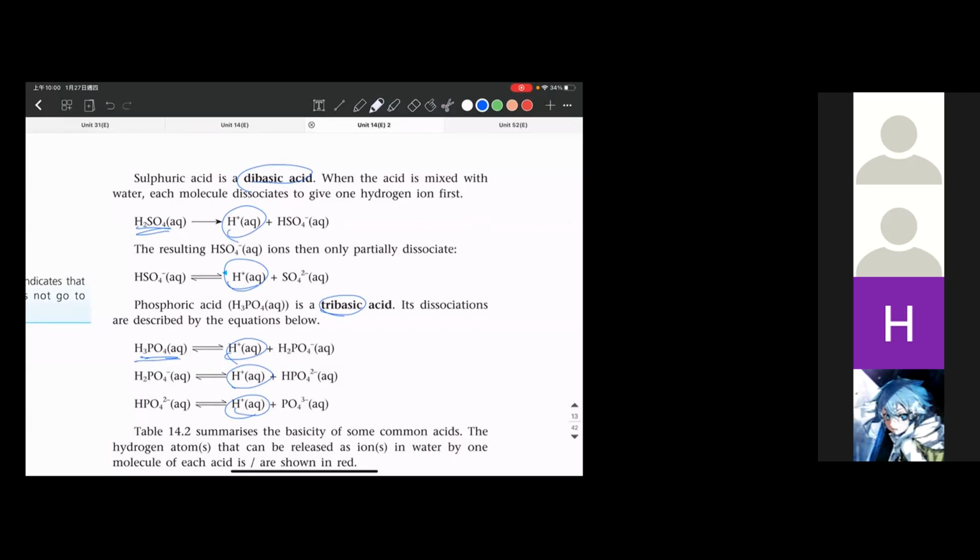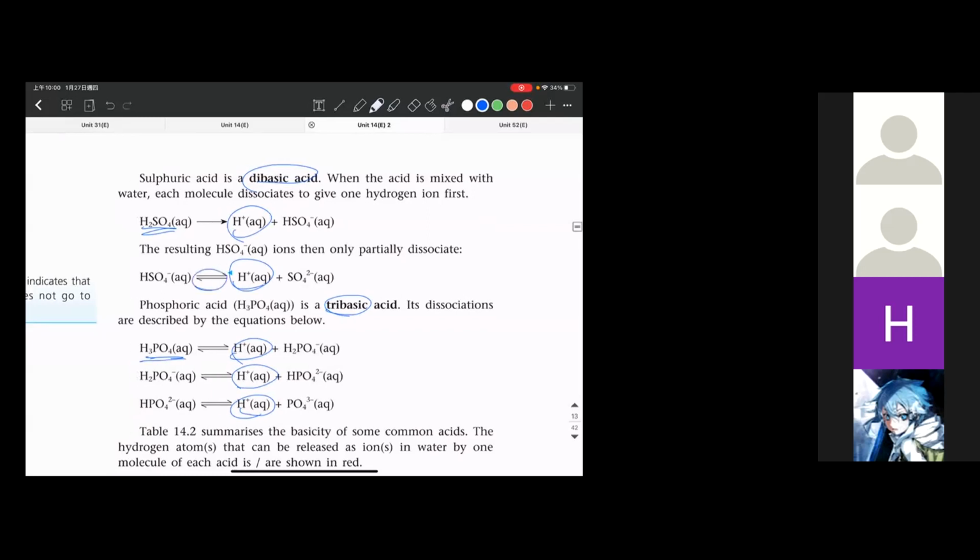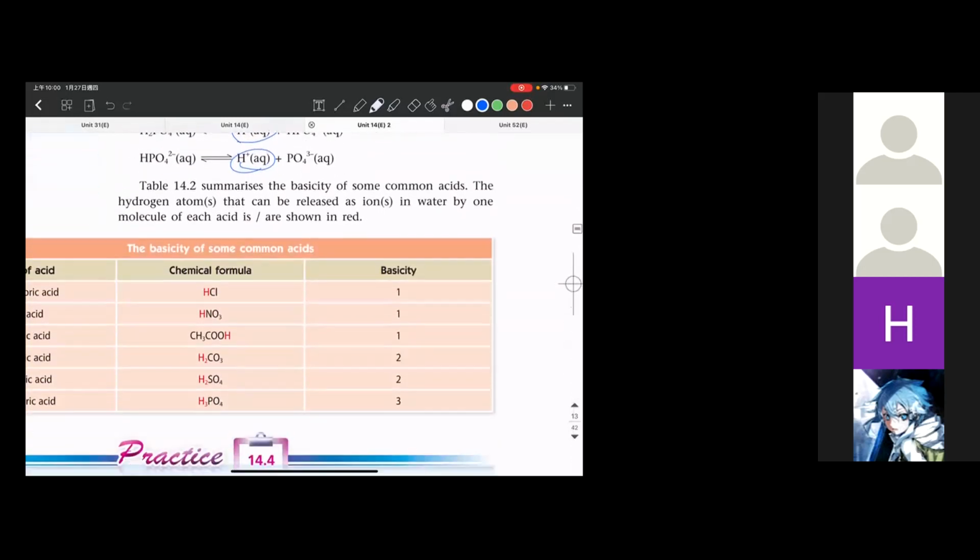Don't worry too much about these reversible signs, which mean that the extent of ionization is not 100%. But for H2SO4 and HCl, you may find the arrow being a single arrow instead of a double arrow.